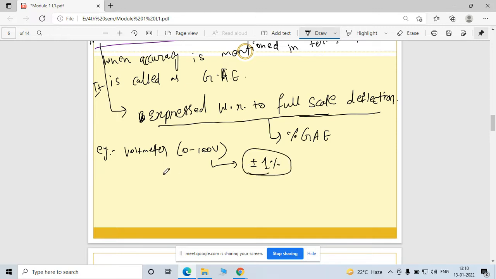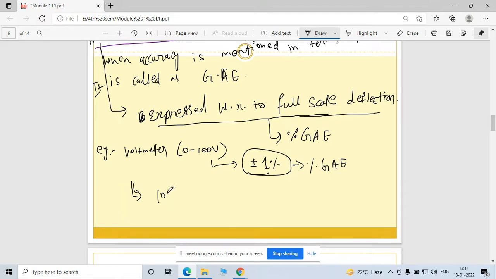What do you mean by that? Guaranteed accuracy error, GAE, is a percentage. By this definition, it is expressed with respect to your full scale value, your full scale deflection, and the percentage given to you is plus minus 1%.